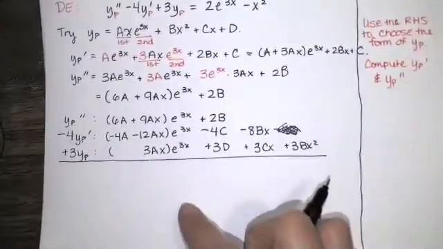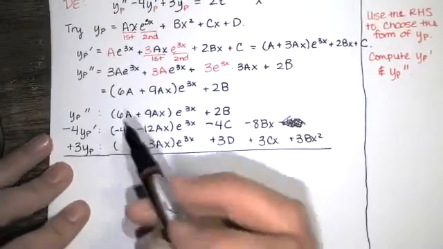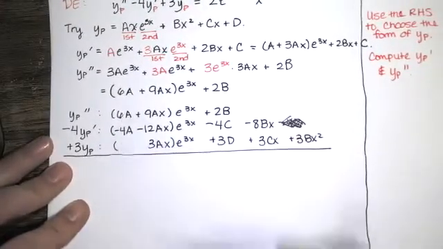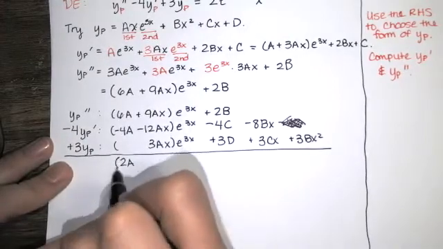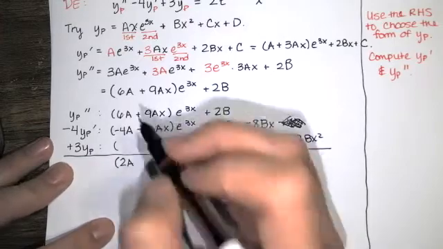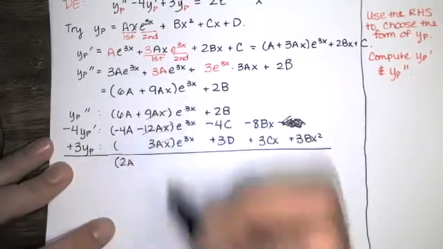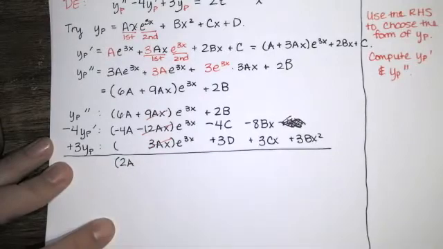Now see how nice this is? You can see cancellations. You've got 6a minus 4a there, that's going to be 2a. And then we've got 9ax plus 3ax is 12ax. Those cancel with this -12ax. So we end up with a 2a times the exponential.